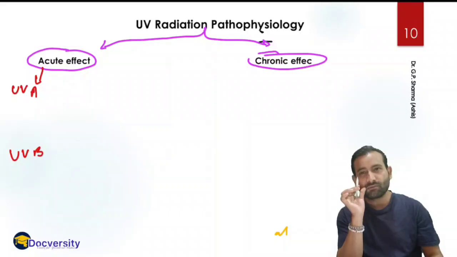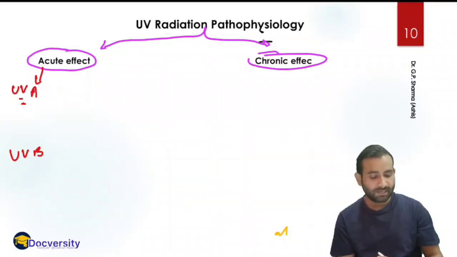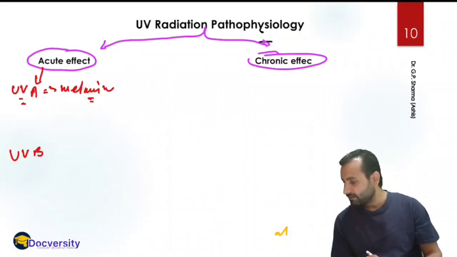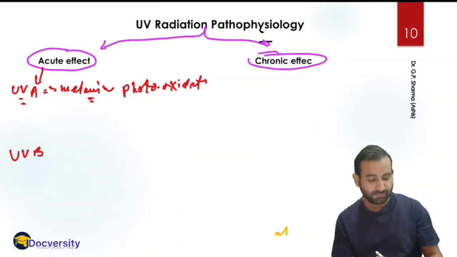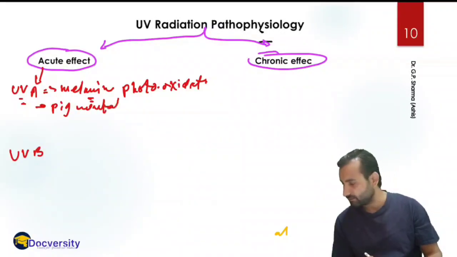What is the role of UV radiation A? What does it actually do? UV radiation A causes melanin photooxidation, so it produces pigmentation.